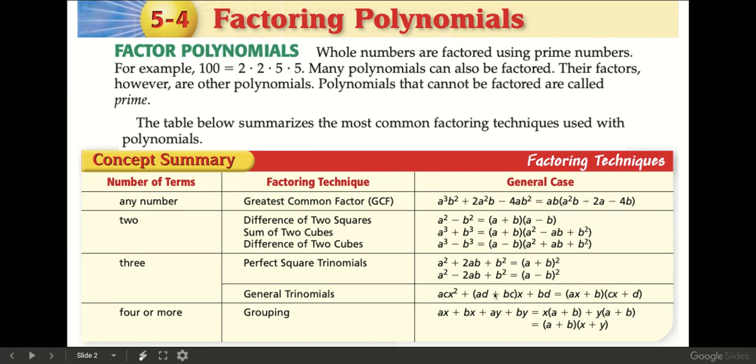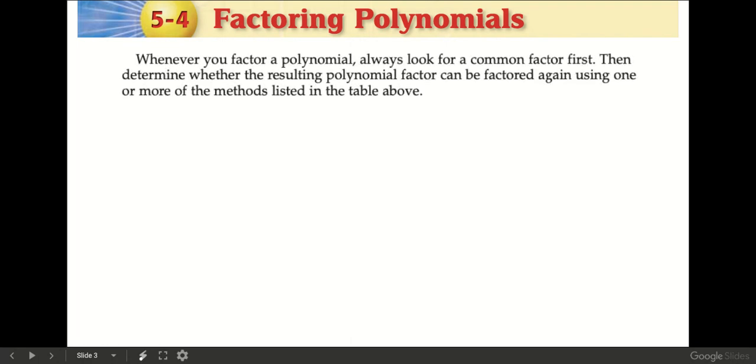And if you have any general trinomials, this is known as factoring by grouping, and we'll get into a problem like that. Or if you have four or more terms, similar thing: you'll have to group them together and factor each one independently. So let's look at some examples where we encounter this.